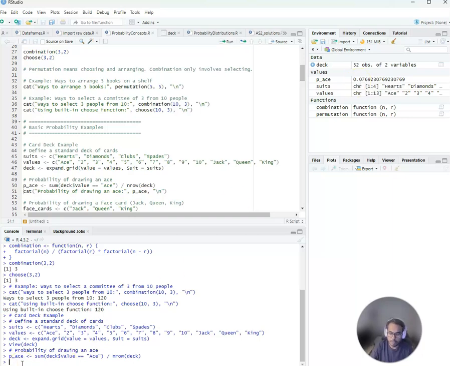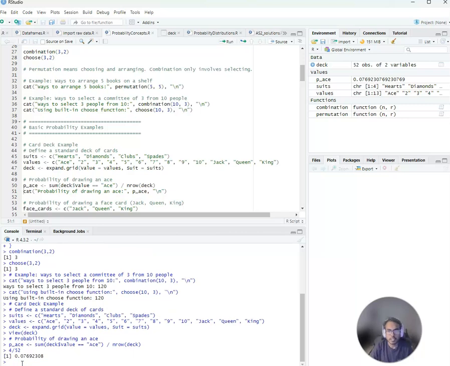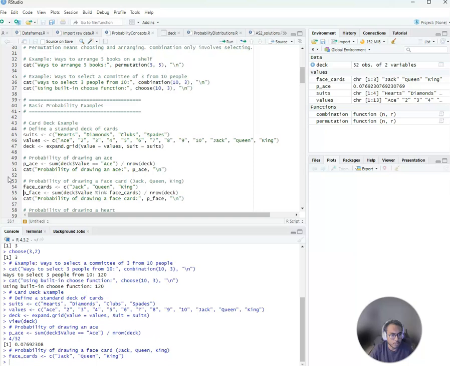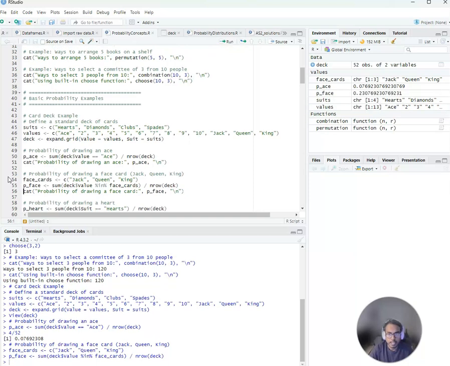If you type 4 by 52, you get the exact same thing. For the probability of drawing a face card, we first create a vector of the face cards, so Jack, Queen, and King, and then we look at all possible combinations divided by the total number of cards in the deck.